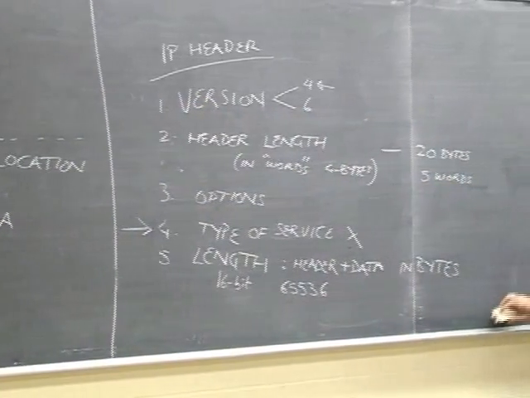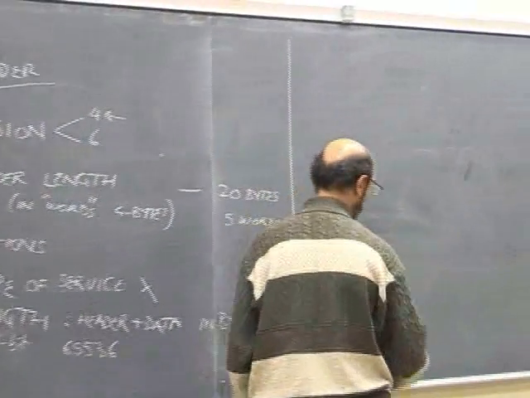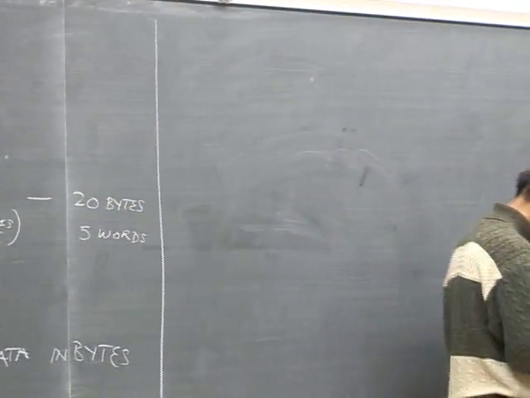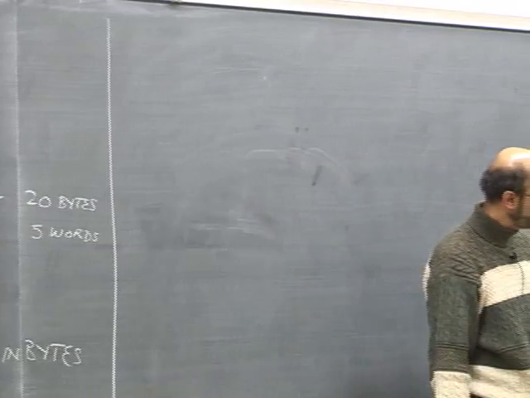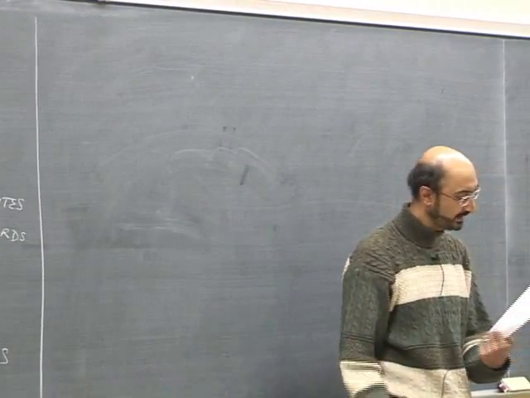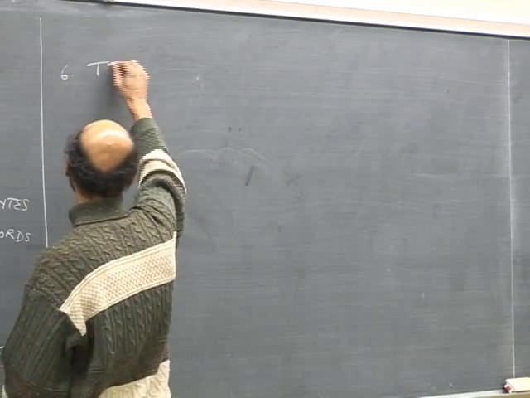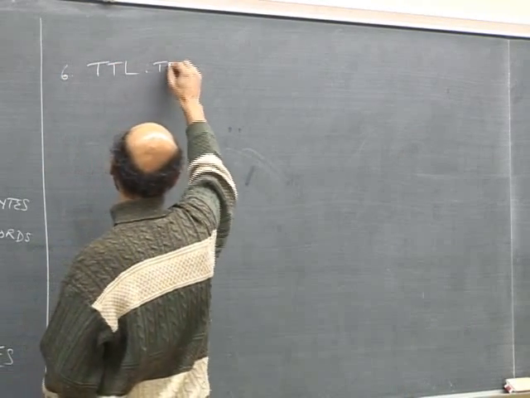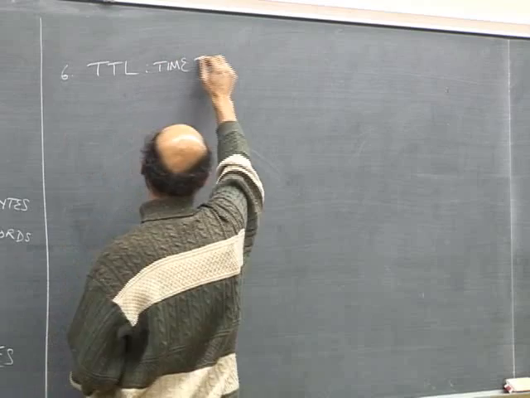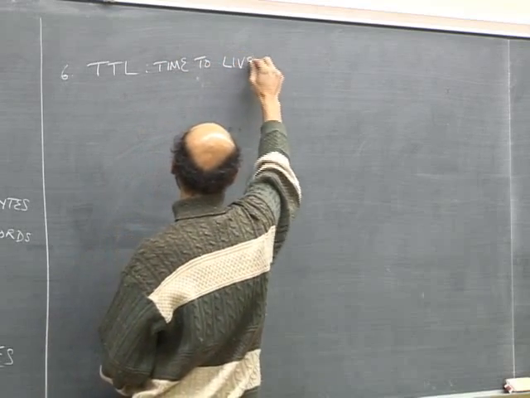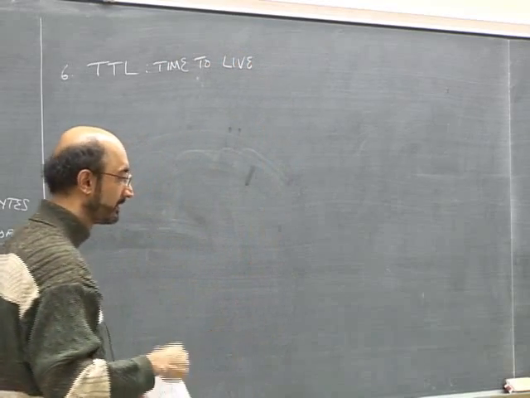Okay, so that's because, of course, the packets are variable length. All right, so now we come to 3 fields. Okay, let me talk about a fun field, which is the TTL field, which stands for time to live. And the time to live field is like a countdown timer.